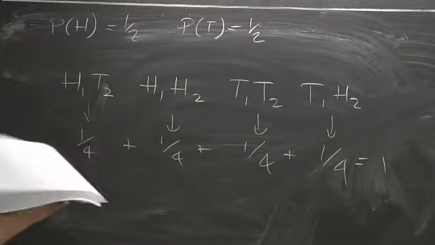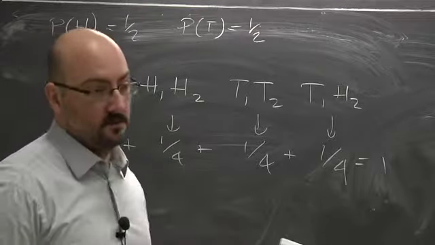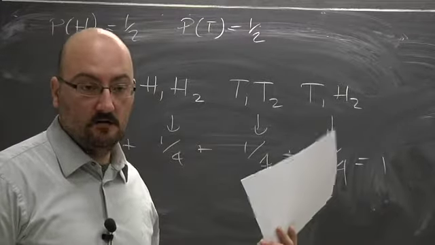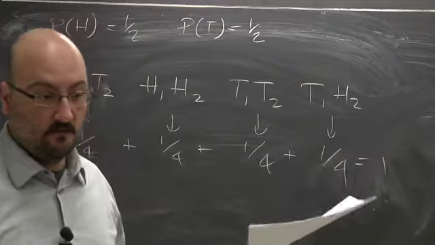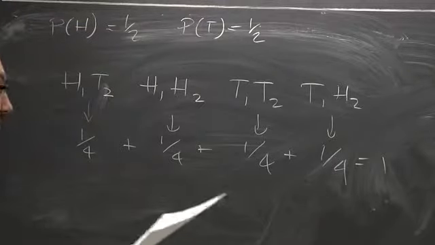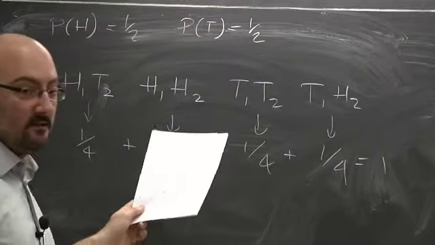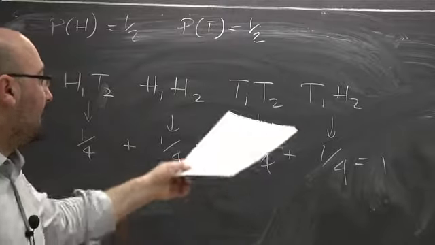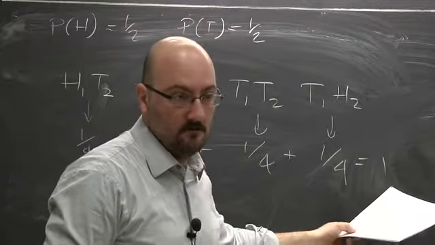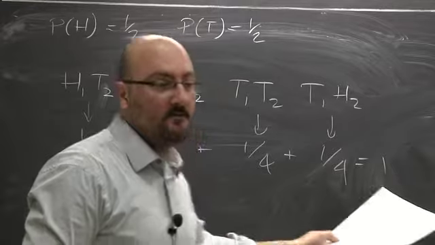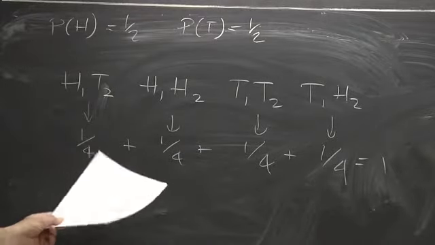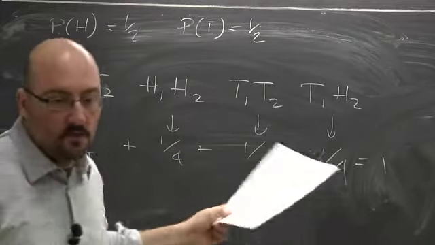These are mutually exclusive events, and they cover all the possible outcomes of the experiment of tossing 2 coins. So whether they are independent or not, their probabilities have to sum to 1. If they are independent, we can check explicitly that they sum to 1, putting in the numbers.